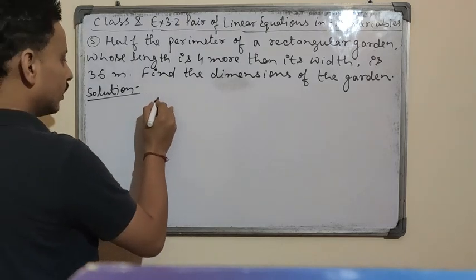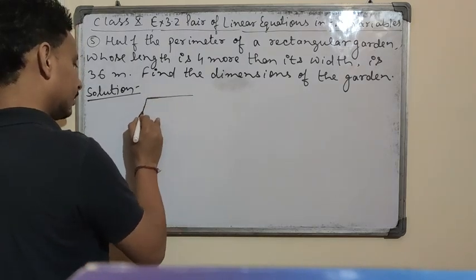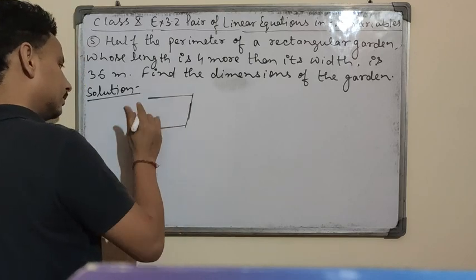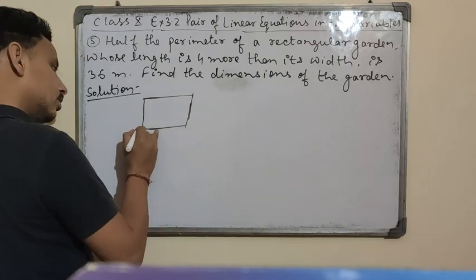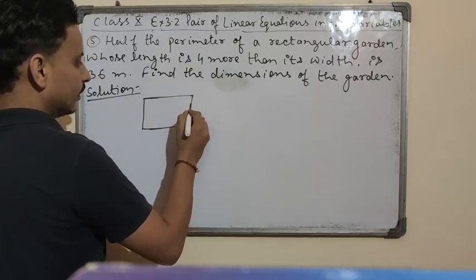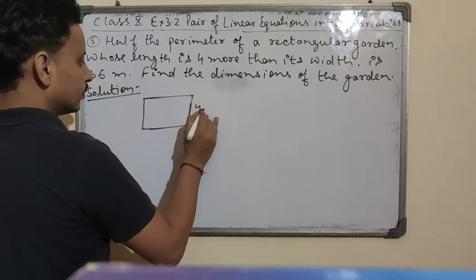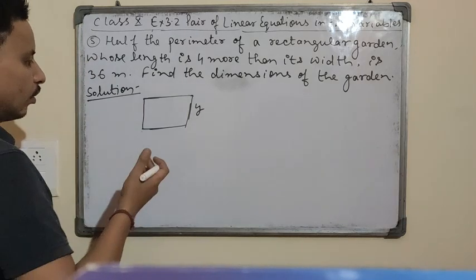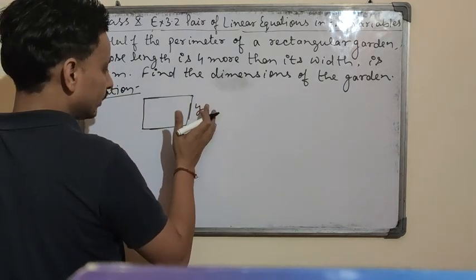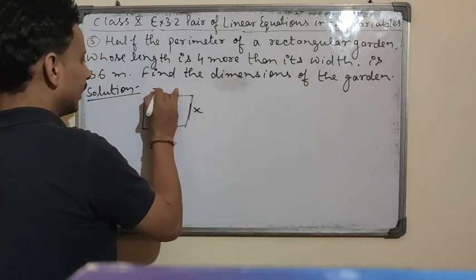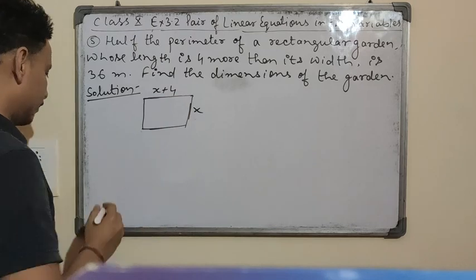We have a rectangular garden whose length is 4 more than its width. Let the width of the rectangular garden be x, and the length will be x plus 4.